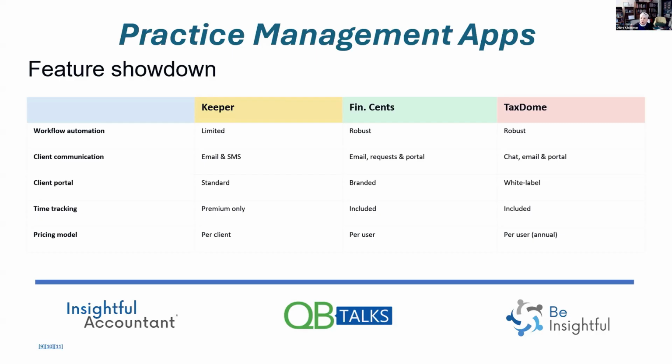Why I love Keeper the most is the client communication. When I have a question, it integrates with QuickBooks Online. So if I'm going down the list and I see something in the bank feed that I don't know what it is, I can ask them right there. What is this Amazon purchase for? I don't know this vendor. What is this Venmo payment for?